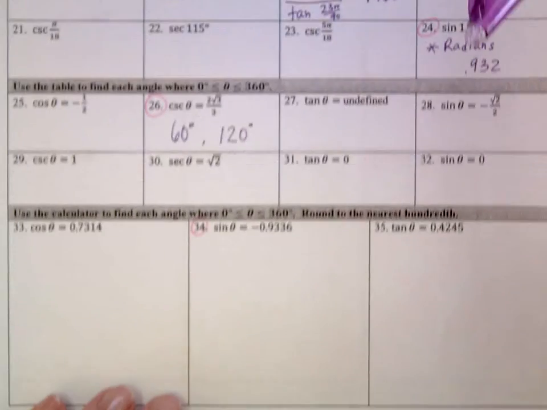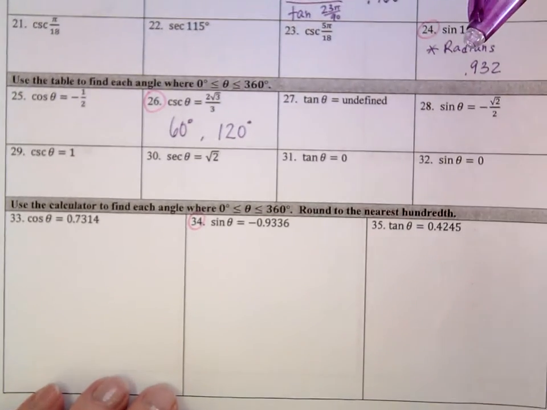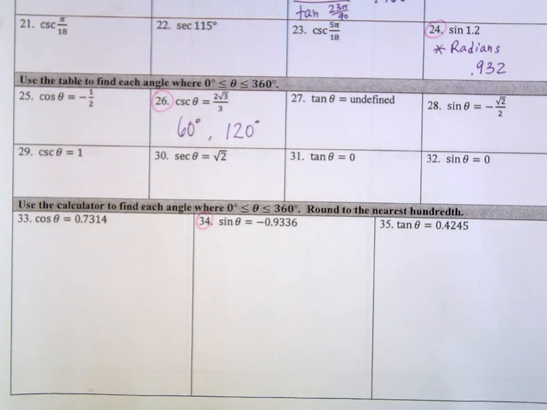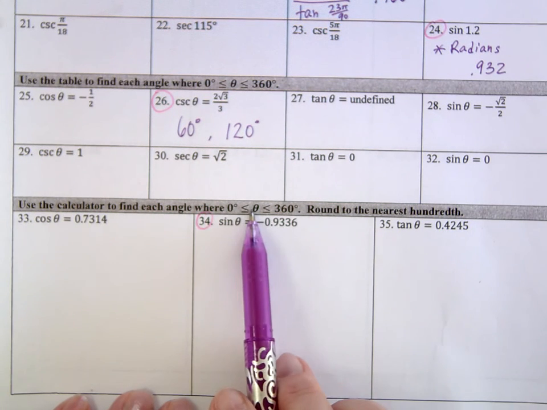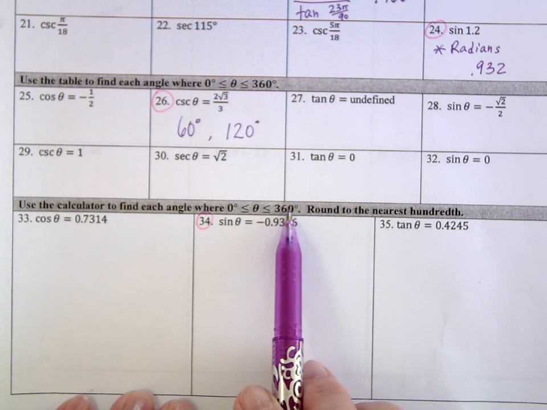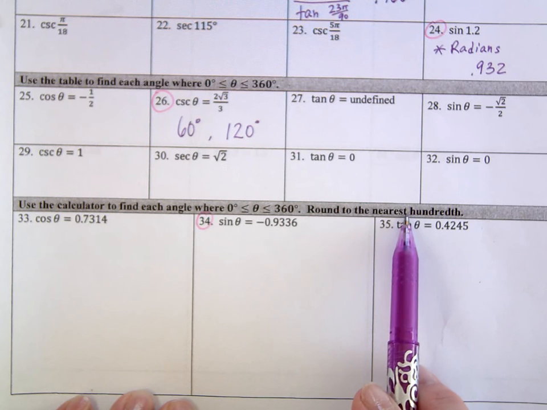Then the last type are these, and we did some of these in the introduction video. I'm looking at where the sine is negative 0.9336, and I changed my calculator mode so my answer is going to be in degrees, rounded to the nearest hundredth, so we want a couple decimal places with that.